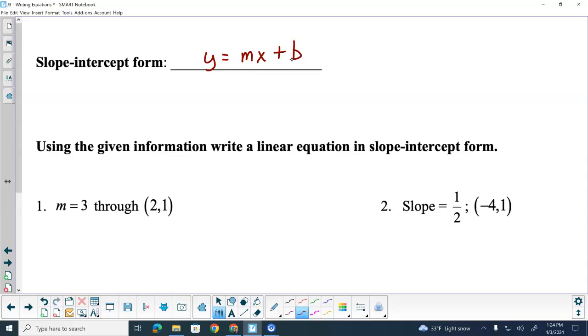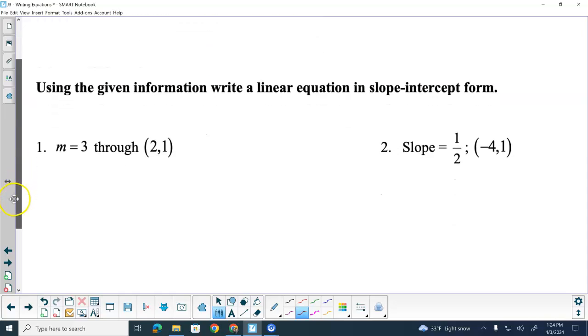Today, what we're going to do is we're going to be given the slope. So here is the slope. Remember, slope is m. Or it might say the slope is equal to something, or it might give you 2 points. But either way, slope, rise over run, is going to be given to you somewhere in the problem.